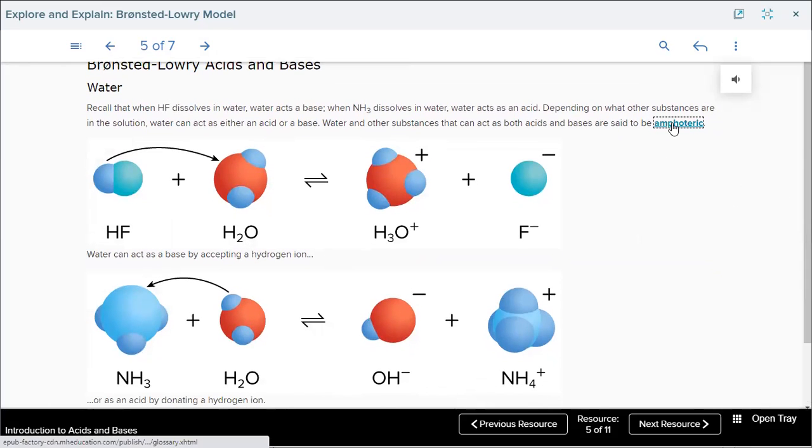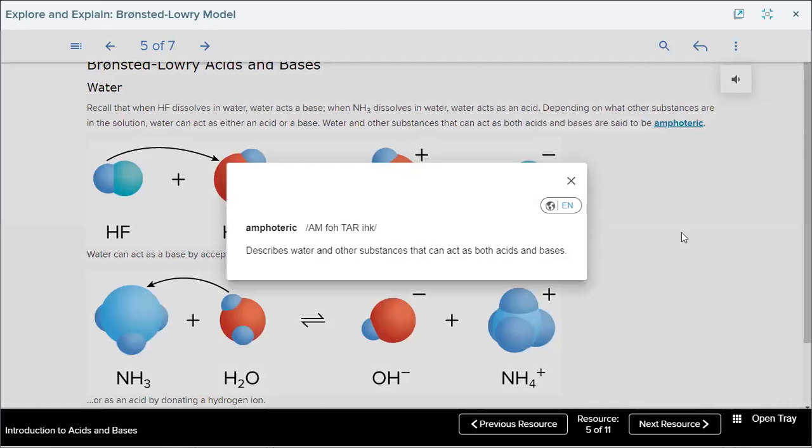So this is a Bronsted acid reacting with water. So water is called what? Amphoteric. This is a new word, amphoteric. What's meant by amphoteric?